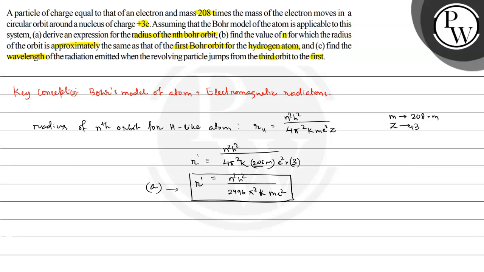Now for B we have to find the value of n for which the radius of orbit is approximately same as the first Bohr orbit of hydrogen atom.